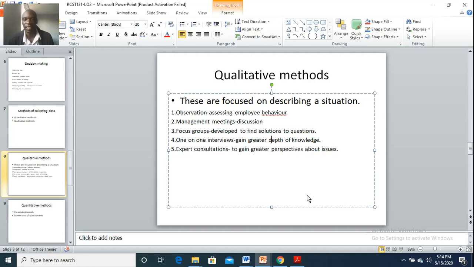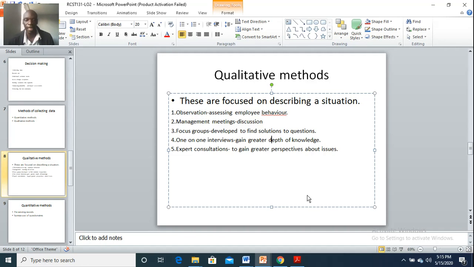Then in meetings, you ask for ideas. Normally we get ideas in meetings because we don't think in the same way, but all the pieces of thinking will contribute towards a good decision. Then focus groups. We can create a group with specific questions to answer in solving a problem.